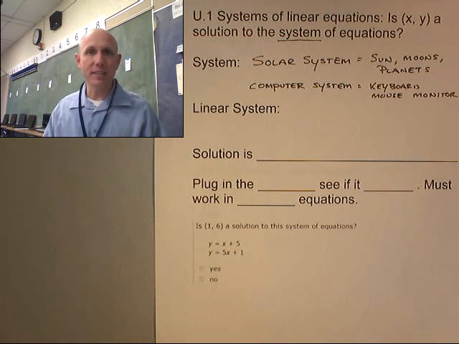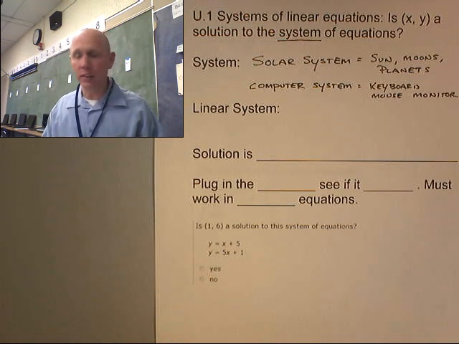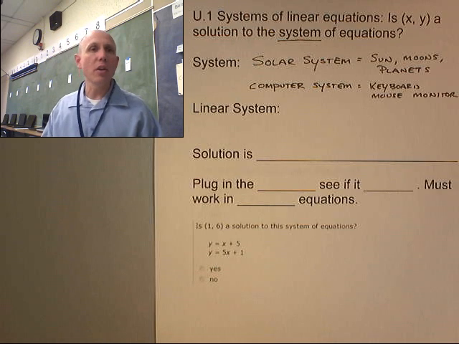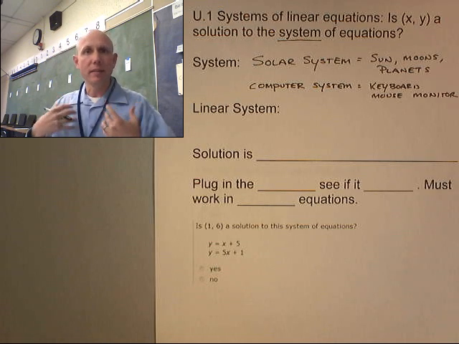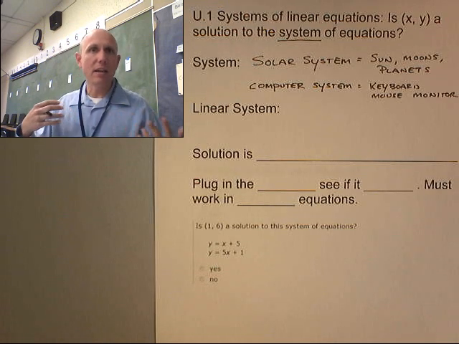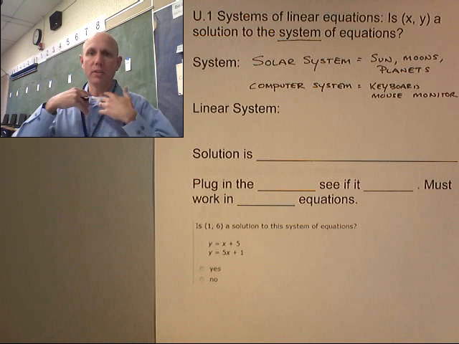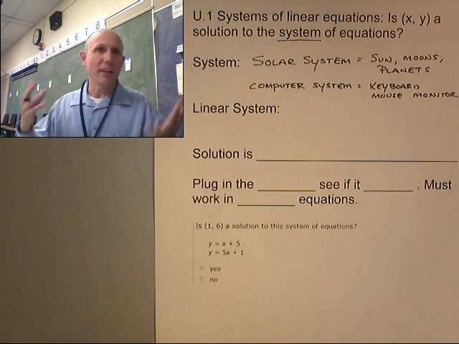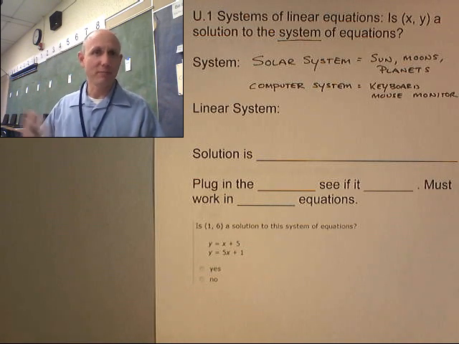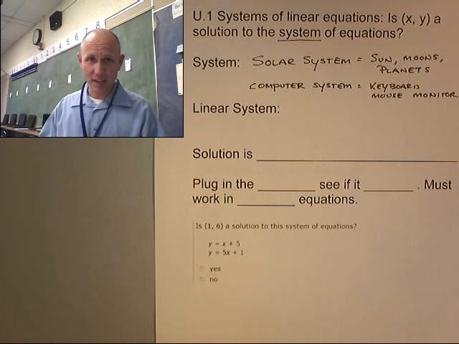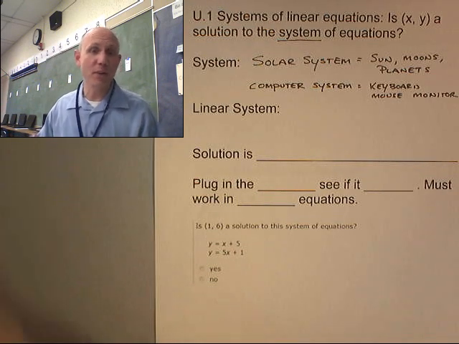I can't have a system with just one thing. It's multiple things. The cardiovascular system, right? That's the heart and the veins and arteries and things like that. The respiratory system, it's the lungs and probably the trachea and the nose, or I don't know. I'm not a doctor. If I were, I'd be doing doctor stuff and not making a math video right now.